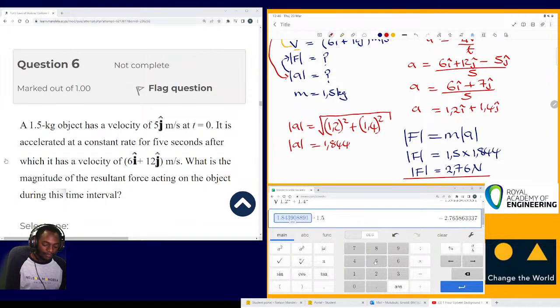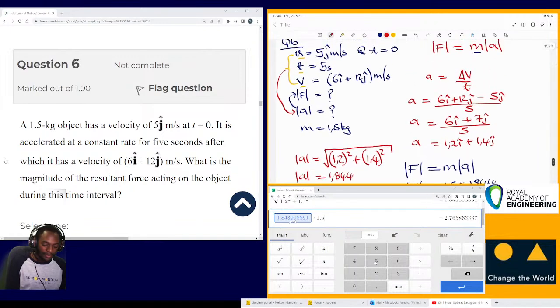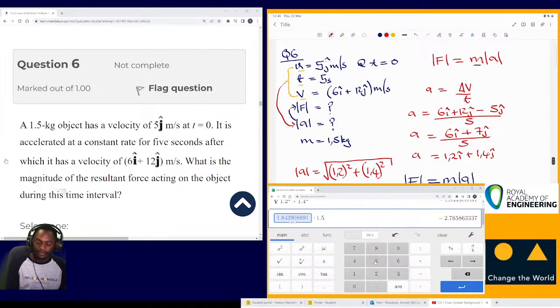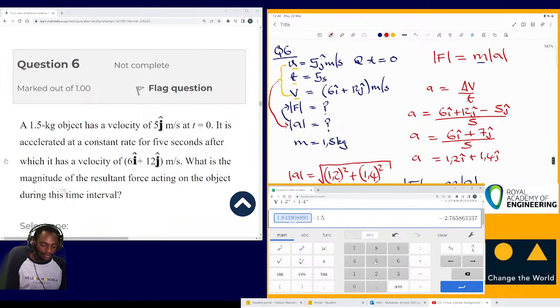Okay, so just to summarize what we've just done there, we appreciated that we are looking at Newton's laws of motion. For every accelerating body, there is a resultant force. We realized we had an initial velocity, which was initially only in the j direction. And after 5 seconds, we have a final velocity, which is now in the i and also in the j.